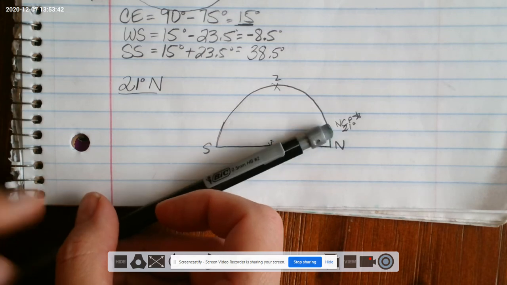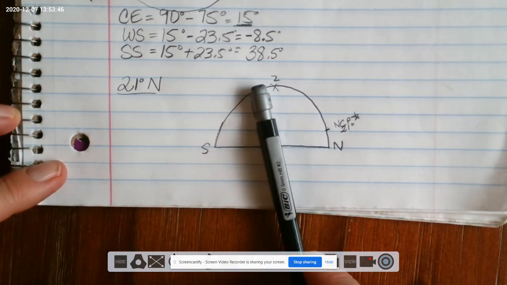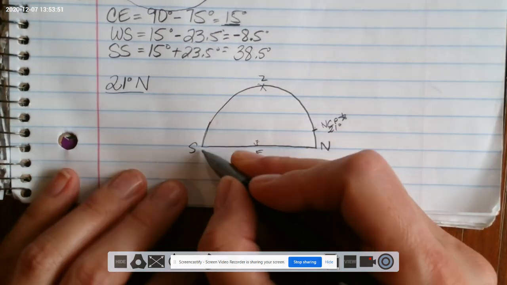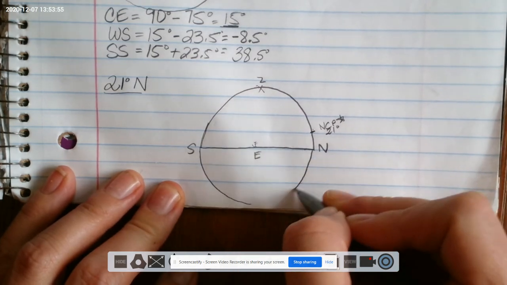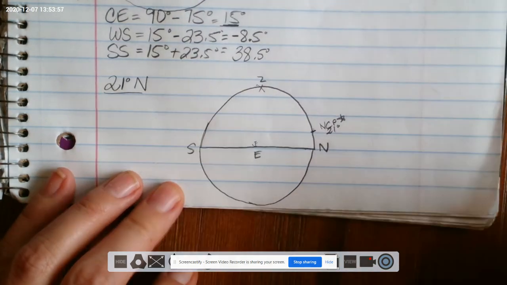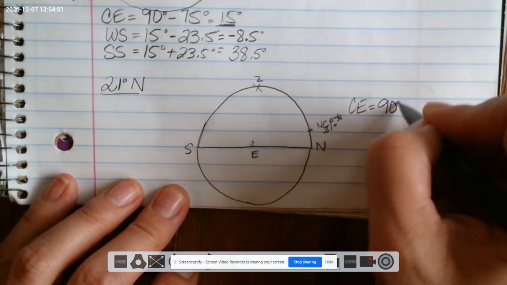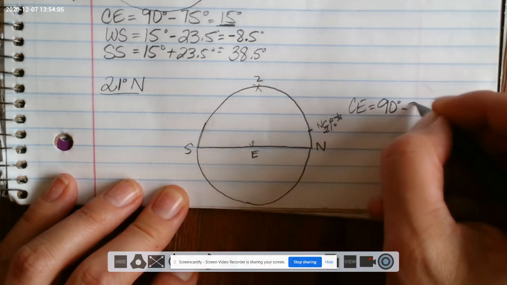So if this is really low, we know our celestial equator will end up being pretty high in the sky. So I'm going to do it off to the side over here so I can make our lines continue just for the sake of seeing them in the southern hemisphere. So our celestial equator is 90 minus the latitude we're at, which is 21, or the NCP, which is 21.